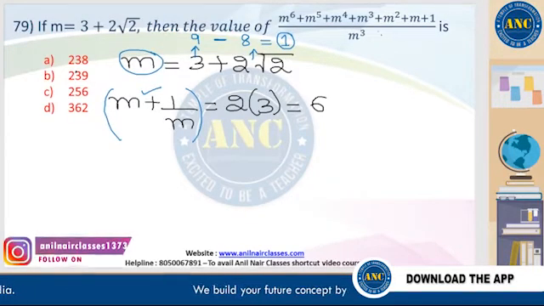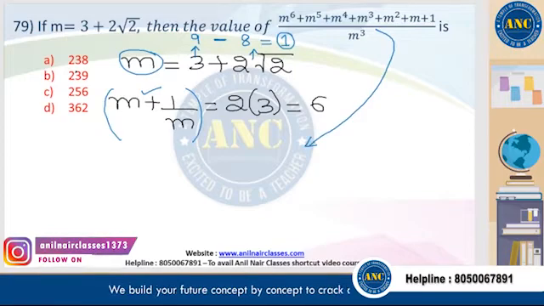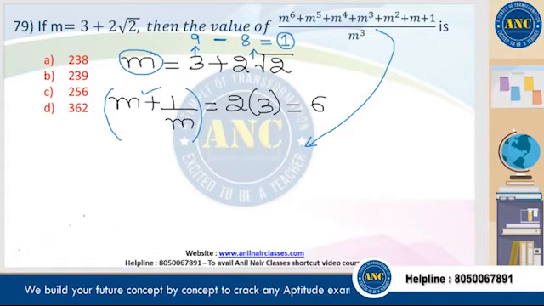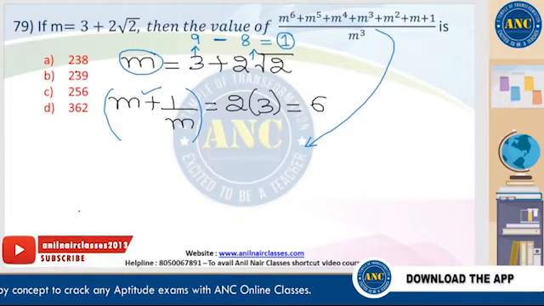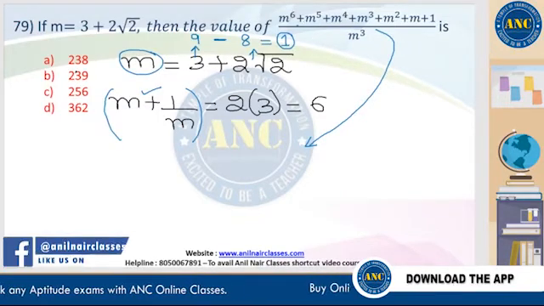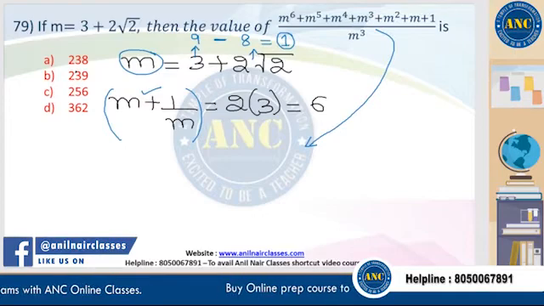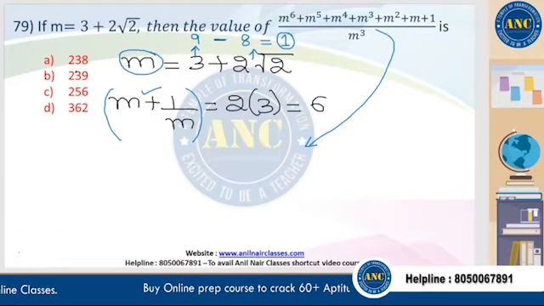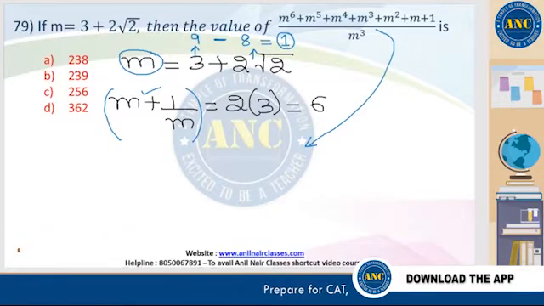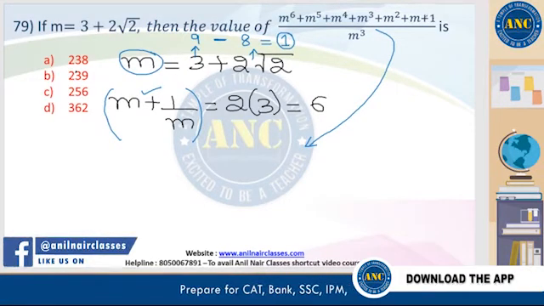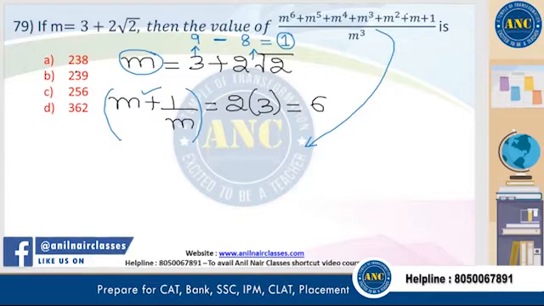After you do this, the next process is quite similar to my previous question. Let me not write the entire thing and waste our time. You don't even have to take the highest power and lowest power. If you analyze that way also, the highest power is m power 6, the lowest power is 1, which is nothing but m power 0. So the middle of that is m power 3.